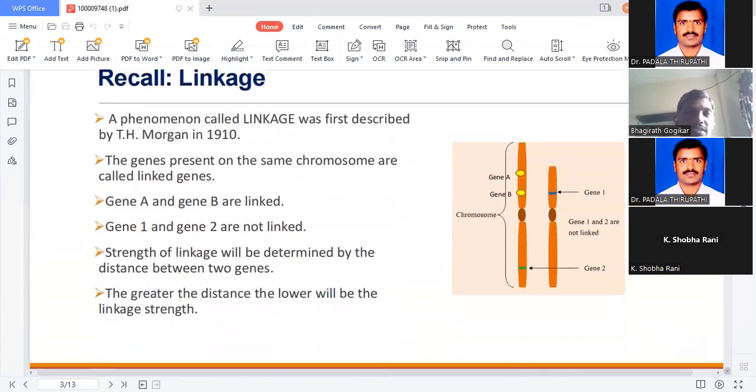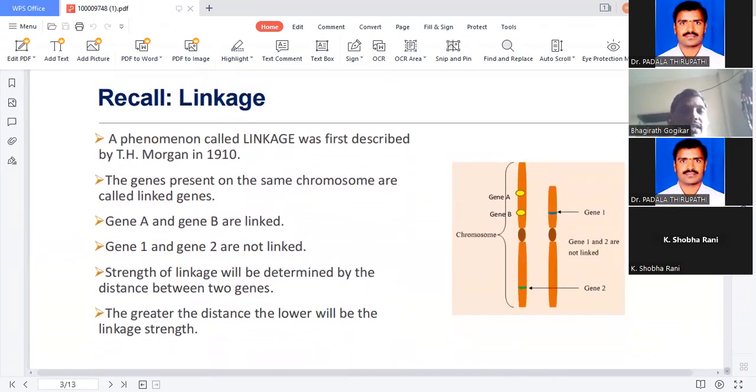In yesterday's class we saw very well that the linkage phenomenon is there. This phenomenon was first described by T.H. Morgan in 1910. The genes present on the same chromosome are called linked genes. Every chromosome contains many genes. So if A and B genes are present on the same chromosome, they are called linked genes.